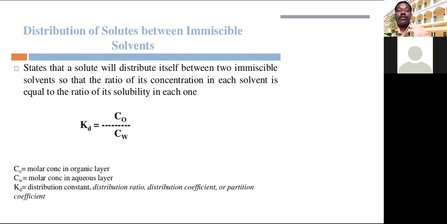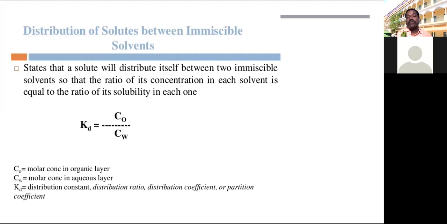The mathematical expression of the distribution law is KD, meaning the distribution coefficient, distribution ratio or distribution constant.